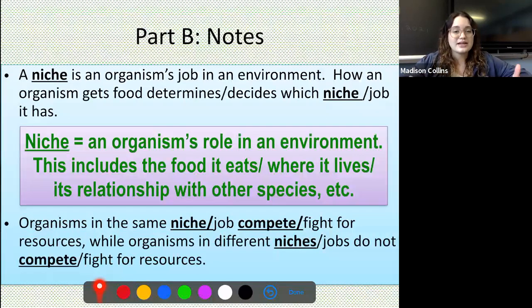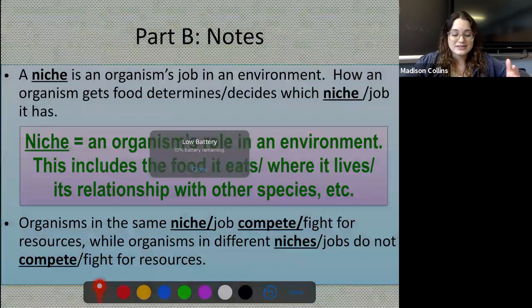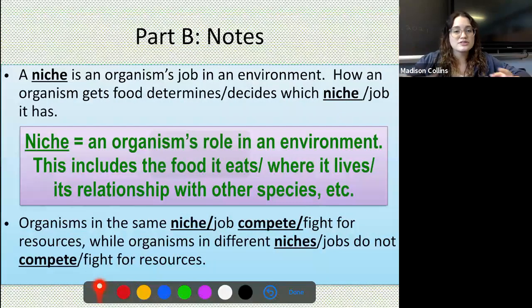So what we really need to write down is that a niche is an organism's role in the environment. And this includes what it eats, where it lives, its relationship with other species, etc. So a niche is what an organism does best, where it's most comfortable, what it eats, where it lives, all of those fun things combined into this big package called niche. Okay, it's basically just its role or job in the environment.